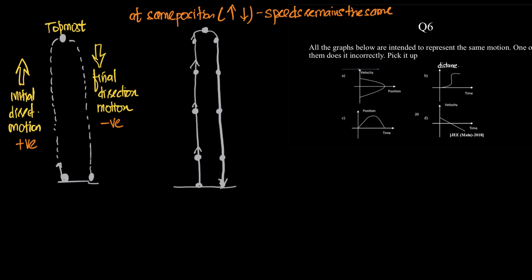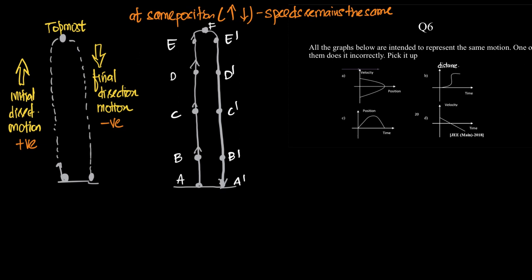So let me mark these points: point A, point B, point C, point D, point E, and point F. And let me call these A dash, B dash, C dash, D dash, and E dash. Why have I chosen the same letters? Because ideally they are the same points, but E represents the upward motion and E dash represents the same point in the downward motion.